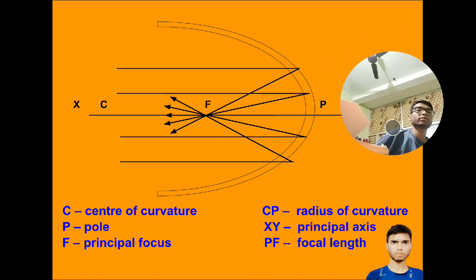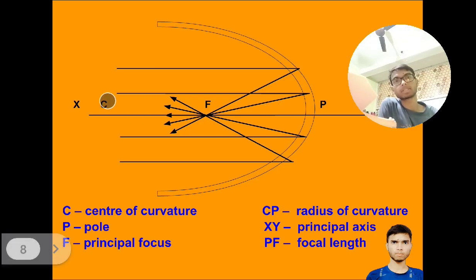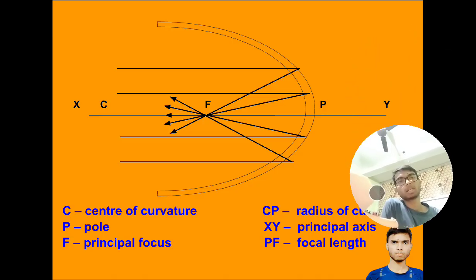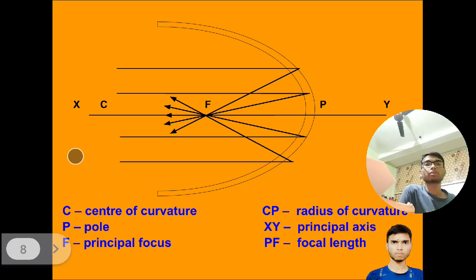Now next we have a simple figure. Through this figure we can understand X, C, F, P, and Y. Here C is the center of curvature, as we saw, it is over here.